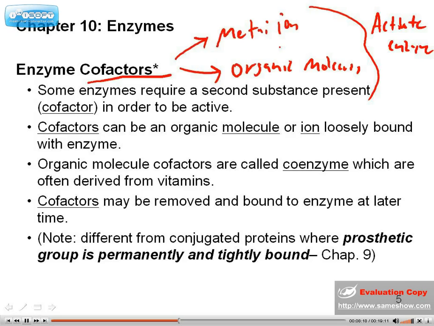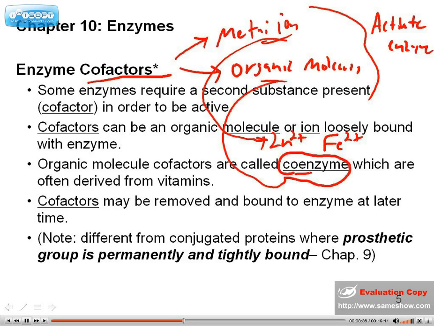So if it's a metal ion, you might see it as zinc ion, for example, or iron ion, which you would find in hemoglobin in order to make hemoglobin active in transporting oxygen. If it's an organic molecule, oftentimes we refer to these cofactors as coenzymes. Most of these coenzymes we actually can only get from our diet. We can't make them. So if you have a poor diet, you may not be getting the proper coenzymes so that your enzymes are working properly.